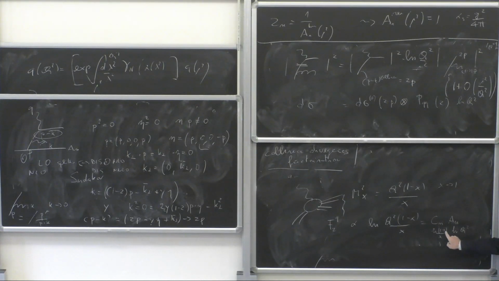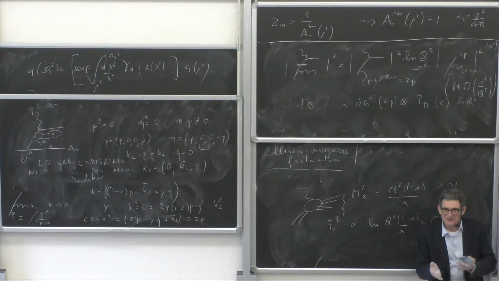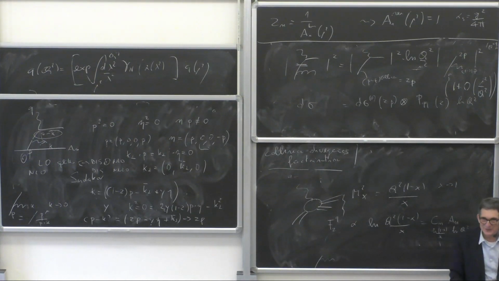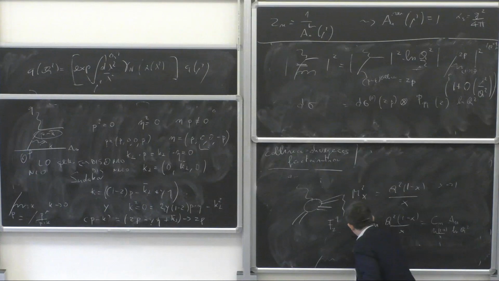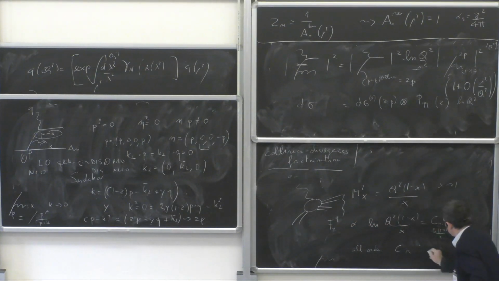But you see, this means that when x is going to 1, this coefficient function has a very large perturbative correction. And then my perturbative expansion breaks down because I've chosen the wrong physical scale for my final state, so I can't win. And if I start adding up these corrections, so I say, well, at the next perturbative order, I have log square and so on, at all orders I end up with a coefficient function which is something like the exponential of log of (1 minus x).